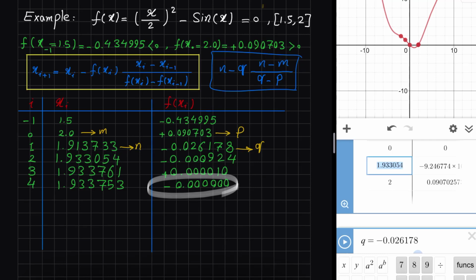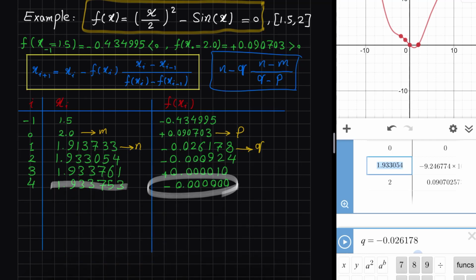If you remember the example, we want to obtain the root of f(x), so where we have the value of 0 for f(x). So we are approaching the root, and the root is this value. With 4 decimal digits, we can say our x, for the root, is 1.9338.